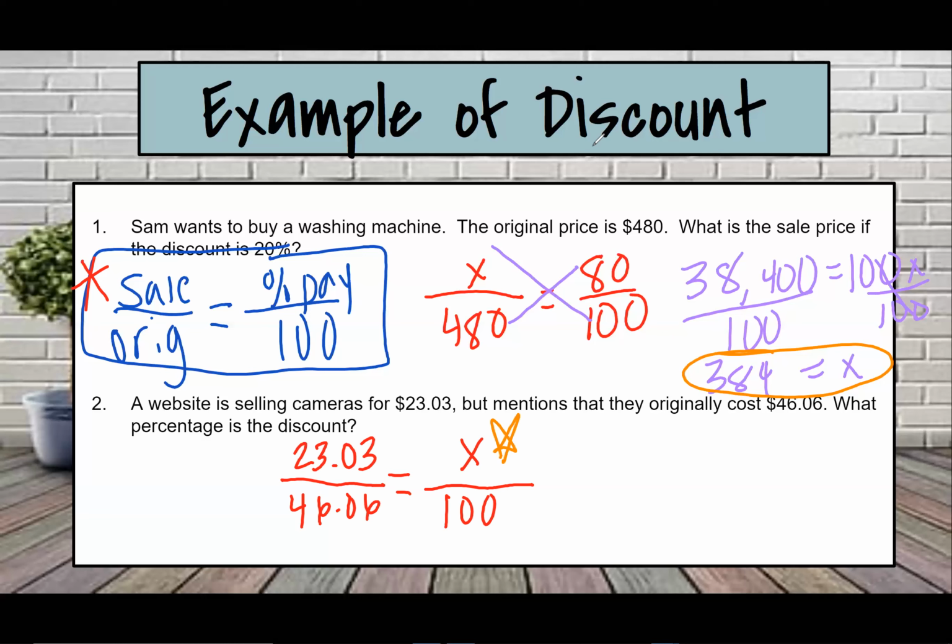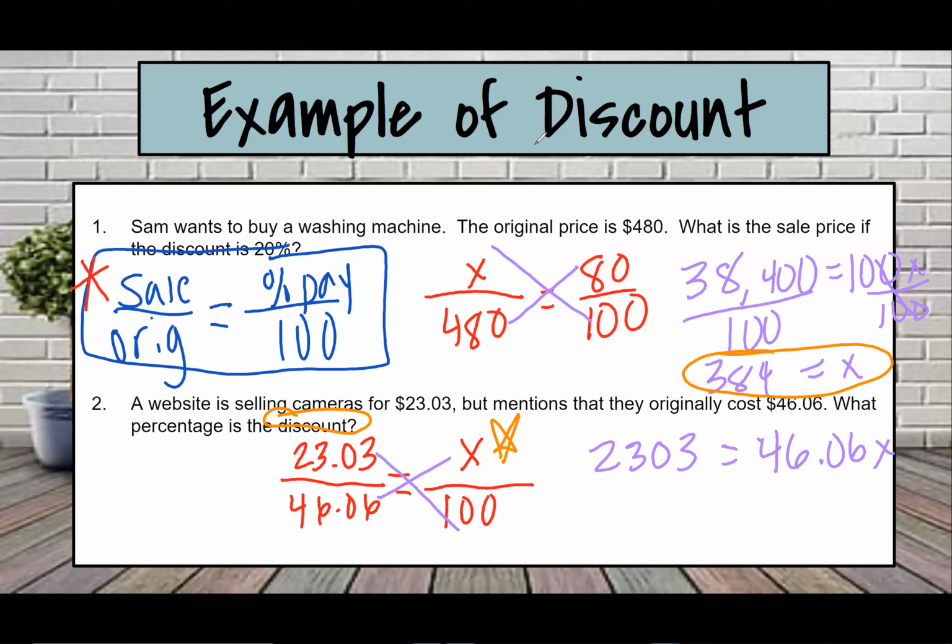When we solve this, we're going to get the percent we're paying. We're not going to get the percent discount. So we're going to have to go back and subtract from 100 once we do this. Don't let me forget. All right, so we're going to do 2303 times 100. $23.03 times 100 is $2,303. And then 4606 times X.